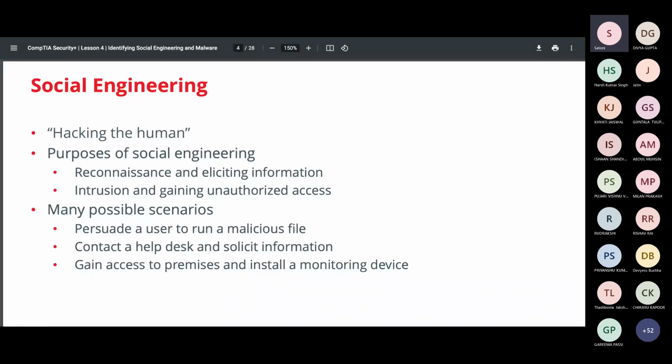So this is the very first scenario: persuade a user to run a malicious file by giving a real-time scenario so that the person gets manipulated, believes it, and gives the input that has been asked for. So these are the possible scenarios of social engineering.